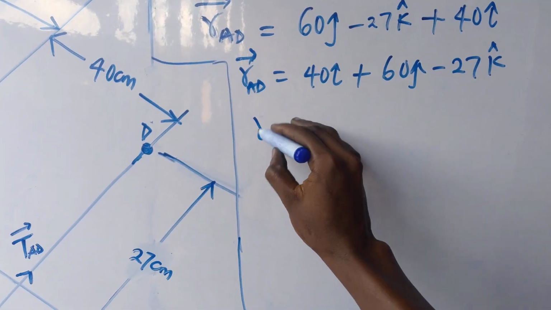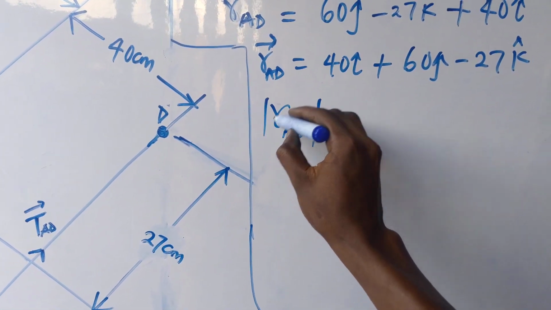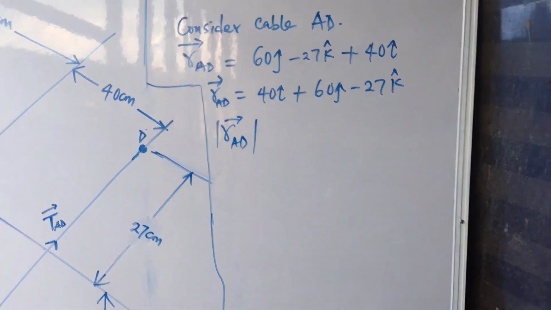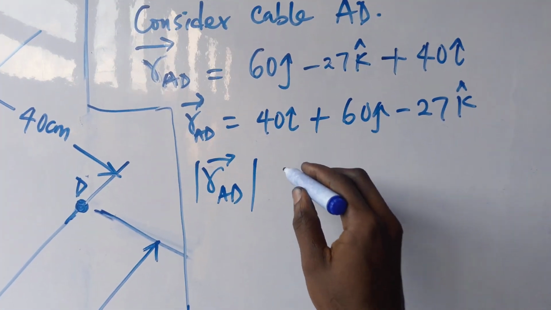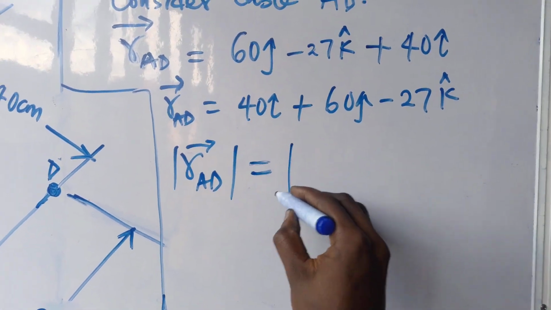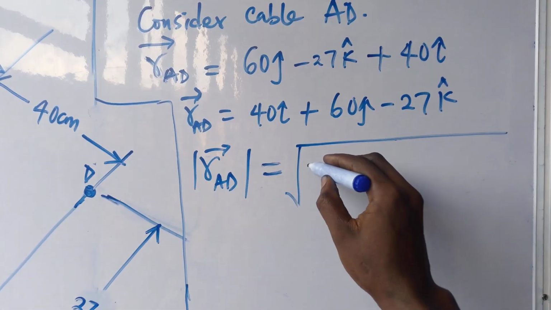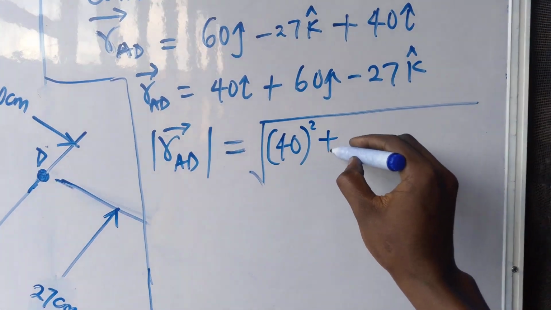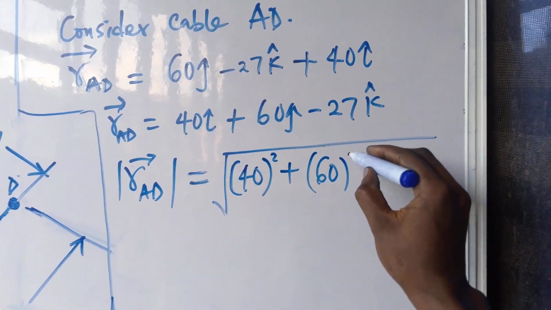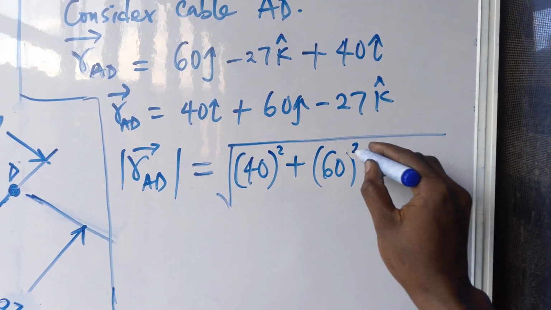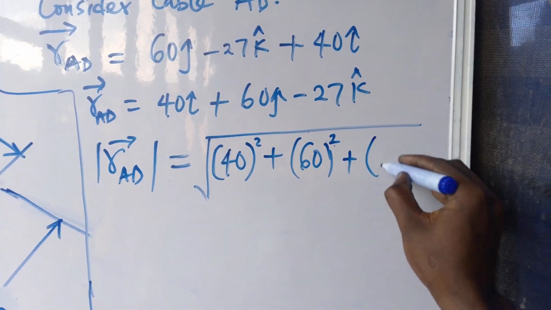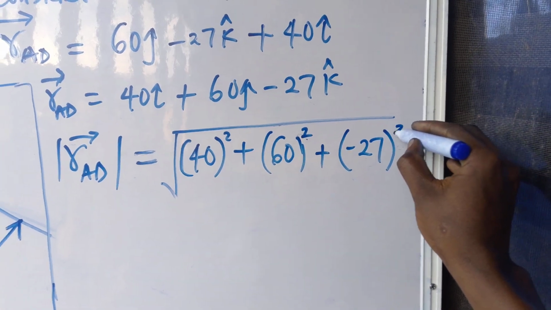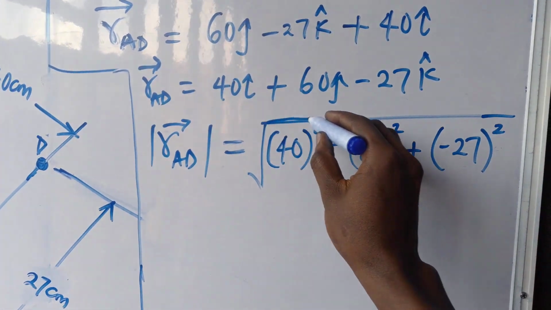Now the modulus of the vector RAD is the square root of 40 squared plus 60 squared plus minus 27 raised to the power of 2.